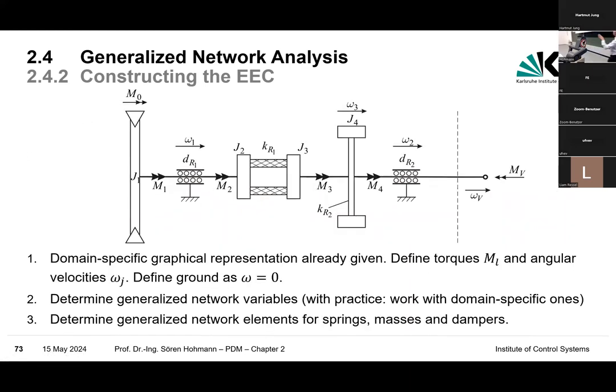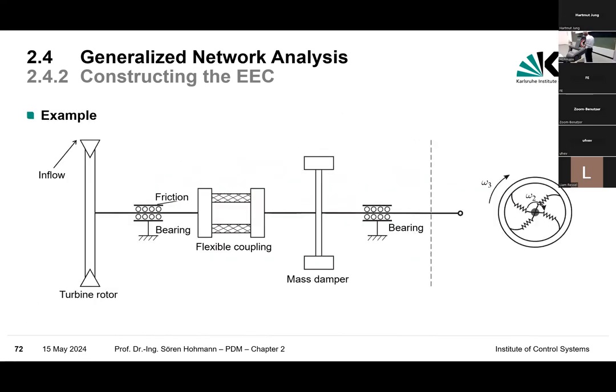Now, let's do the very first step. The main specific graphical representation is already given. So this is this picture. It's some sort of abstraction of the real world mechanical object. It's not a fully computer-aided design thing. It's just somehow abstracted. This is the first step, what you usually do.